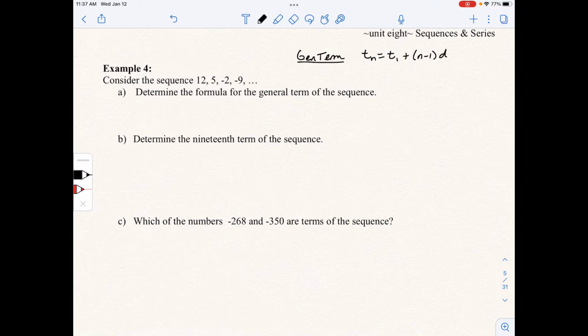That's like a formula that works for all arithmetic sequences, we should say. But now sometimes we want a formula for the general term of this specific sequence, okay? This is this specific sequence.